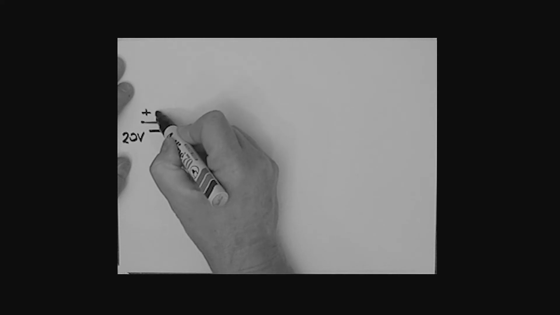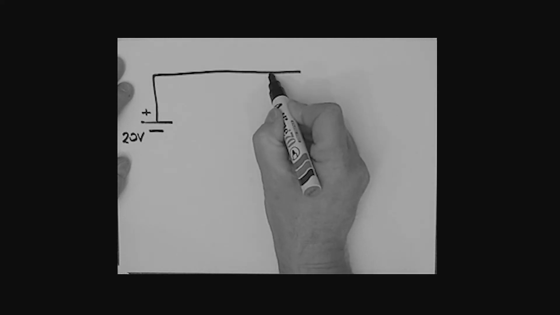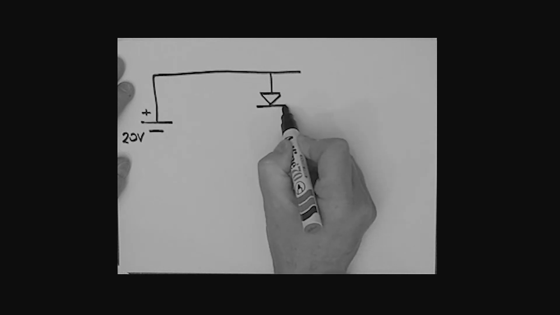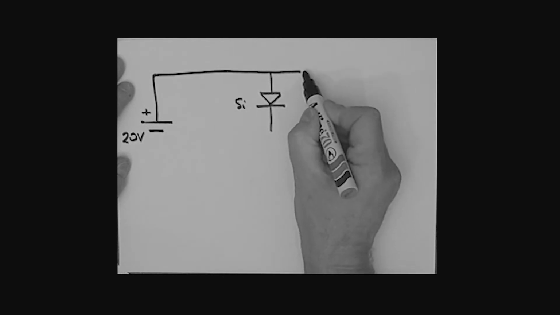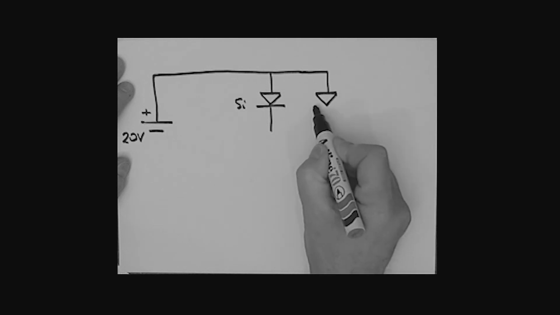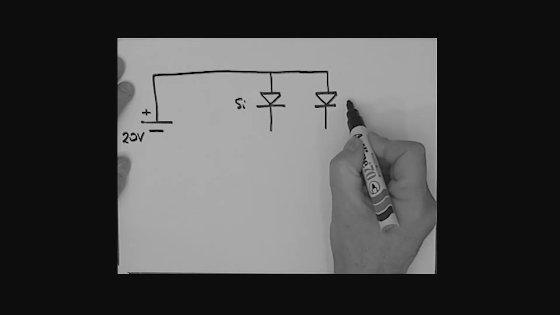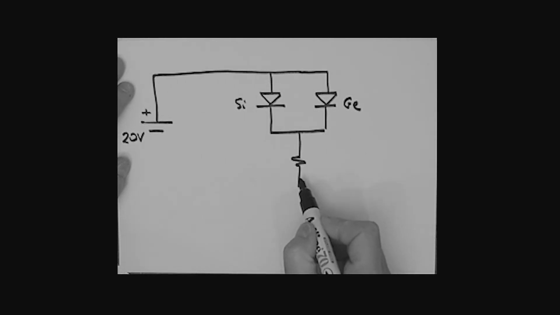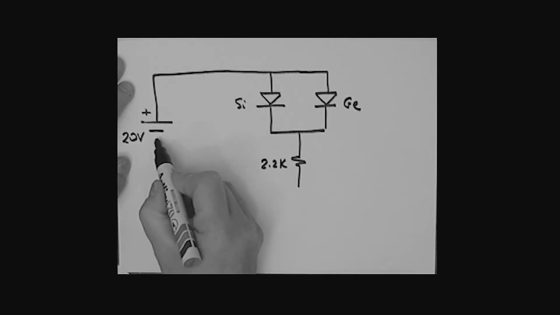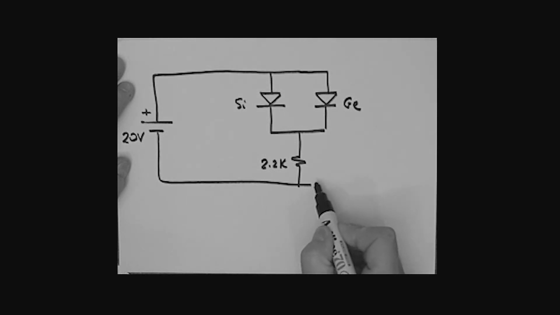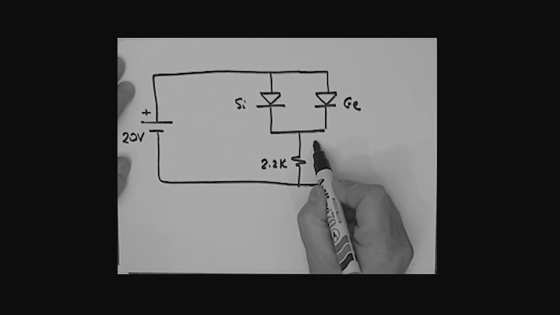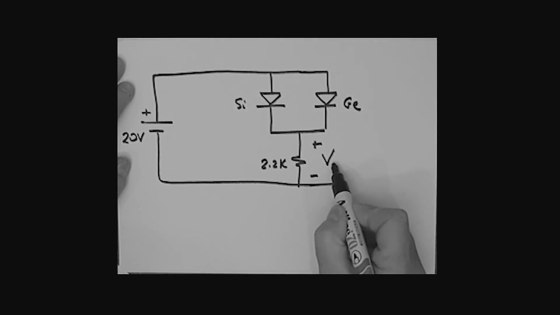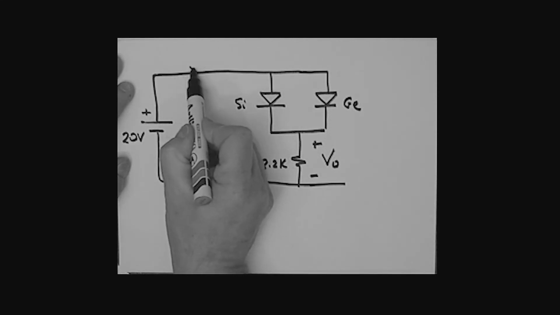Let's say that we have a voltage source here, 20 volts, and we've got a diode here which is a silicon diode, and we've got another diode over here, and in this case this diode is a germanium diode, and we've got a resistor sitting here which we could say is a 2.2K resistor in this example. And our task is to find this voltage VO. Current direction, like so.